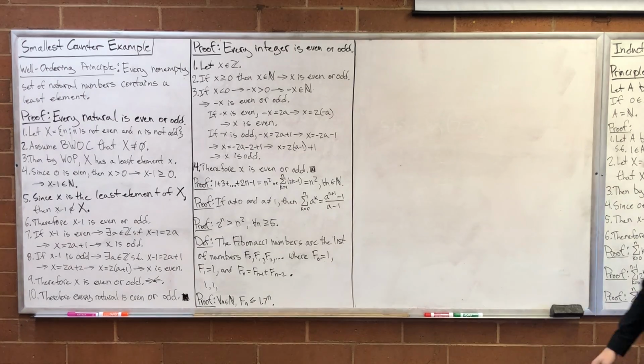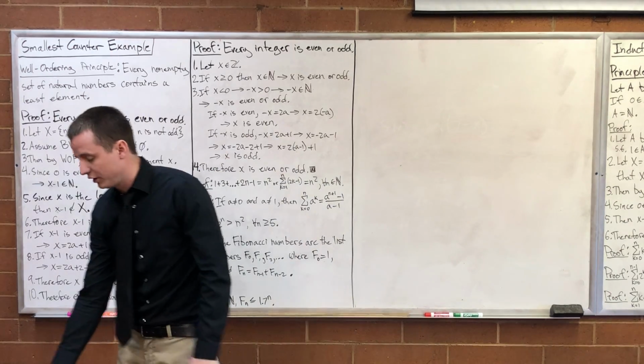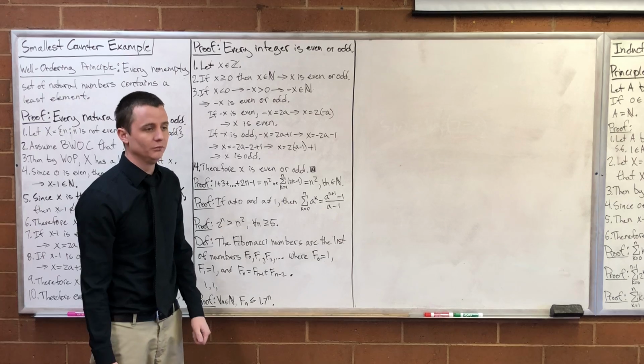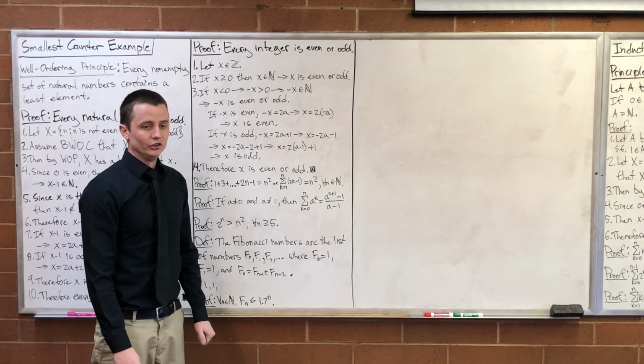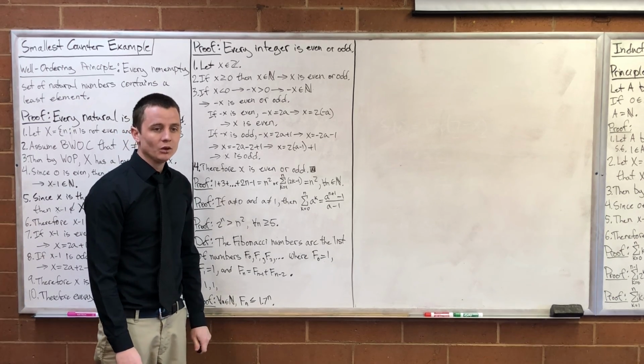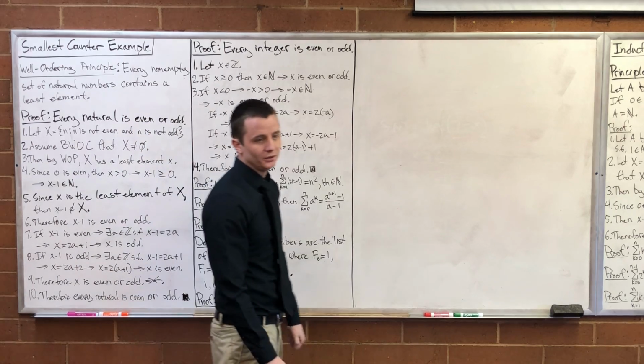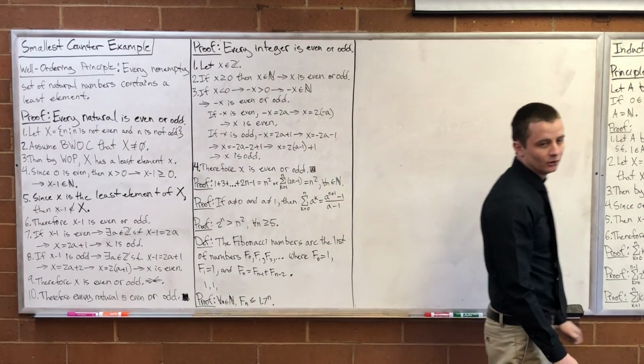Last week we covered proof using contrapositive and proof by contradiction, right? You remember what both those were? Yeah. What's the contrapositive of A implies B? Not B implies not A. Wonderful.